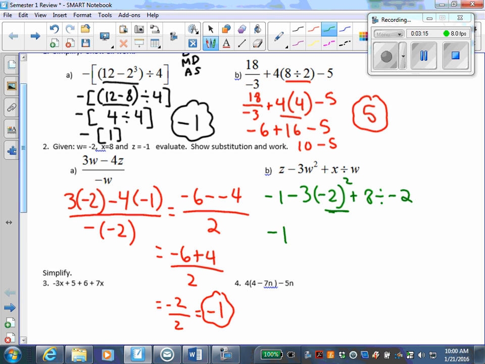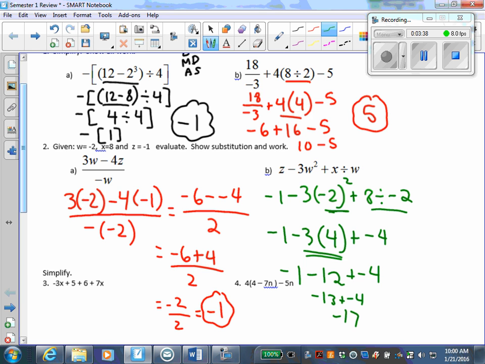So negative 1 minus 3 times negative 2 squared is positive 4. Plus, now I can do this. 8 divided by negative 2 is negative 4. Negative 1 minus, I need to do this multiplication first. So negative 1 minus 12 plus negative 4. That's going to be negative 13 plus negative 4, which is negative 17.